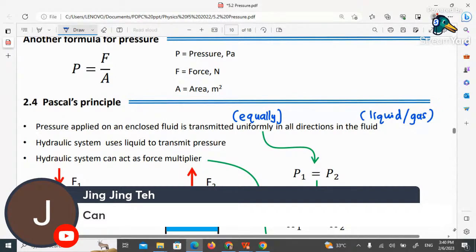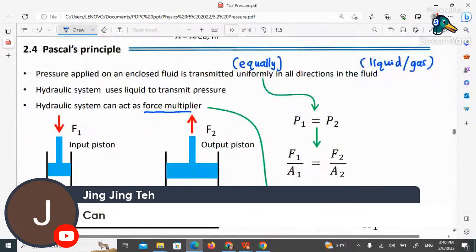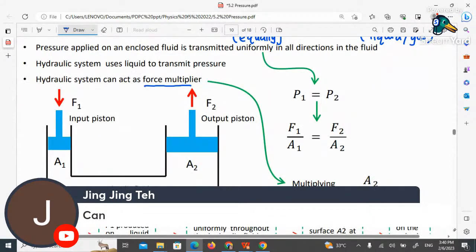A hydraulic system uses liquid to transmit pressure. A hydraulic system can act as a force multiplier. So this is a simple hydraulic system. Input part, input piston, smaller area. Output piston, larger area. So inside using hydraulic fluid.